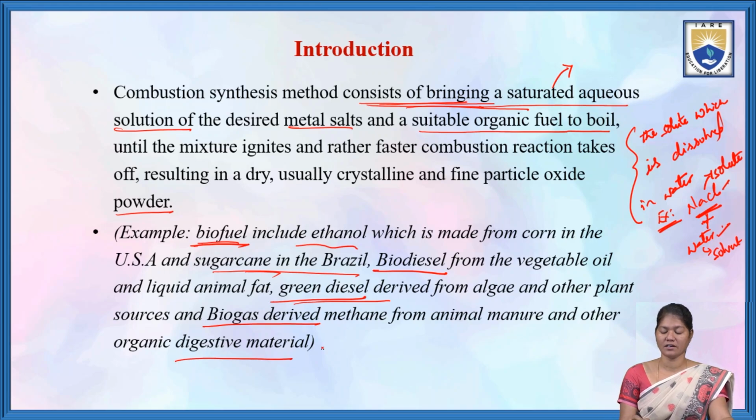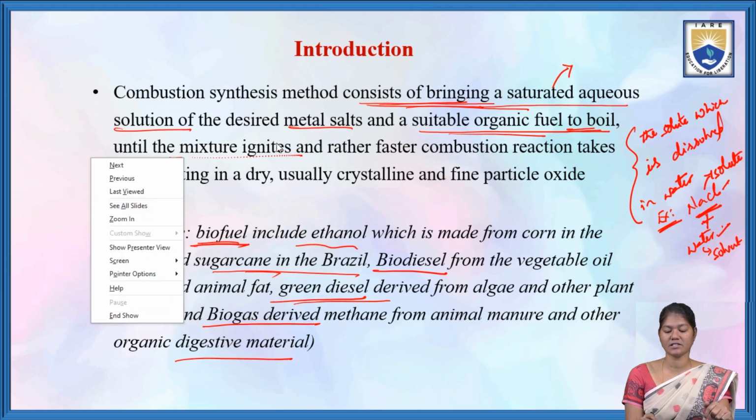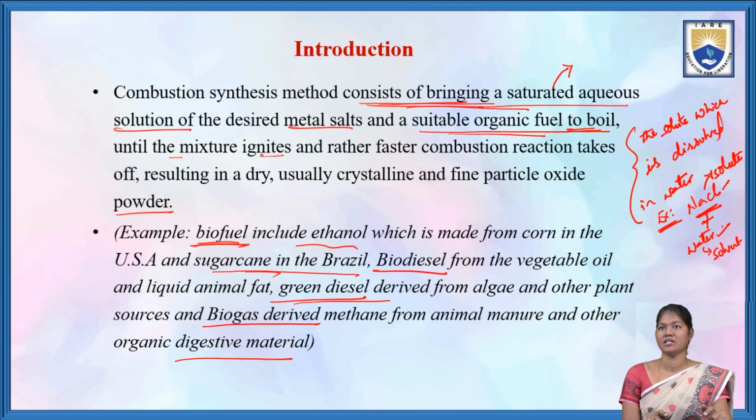So here the solution is mixed with a suitable organic fuel. Then it is brought to boil until the mixture ignites. At a particular ignition temperature, the solution will burn.